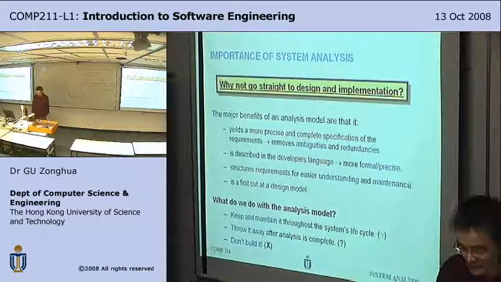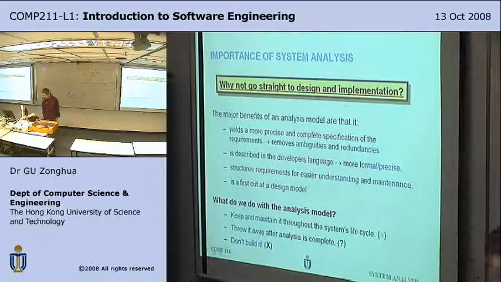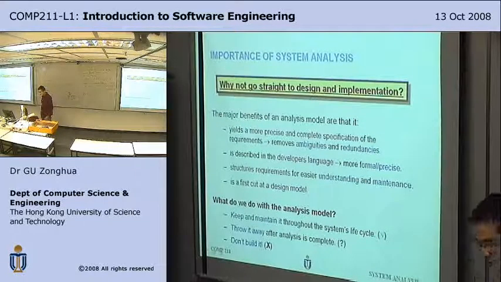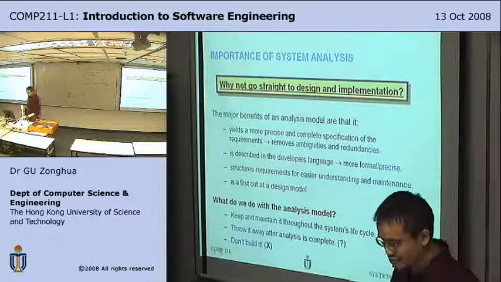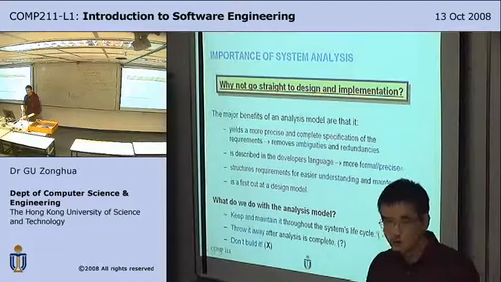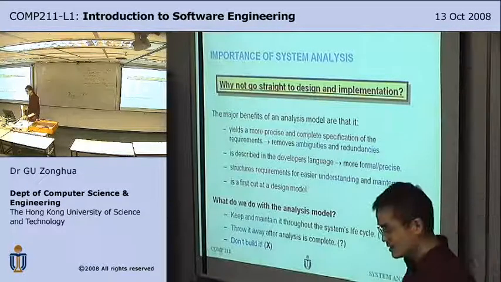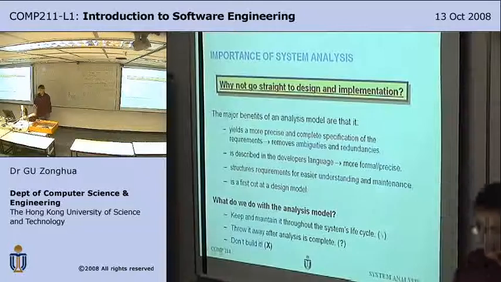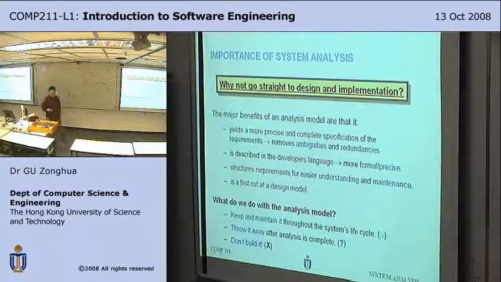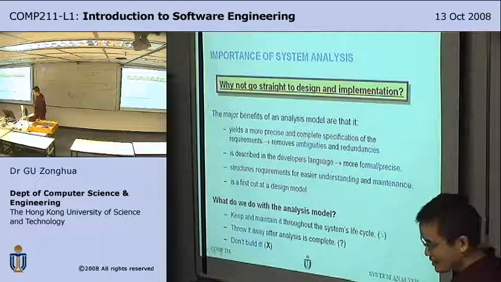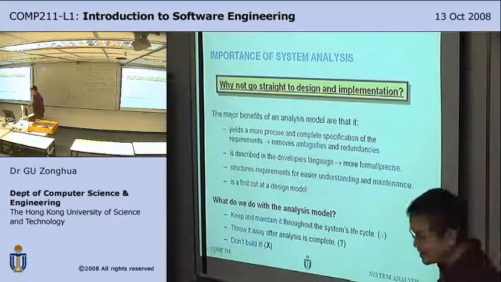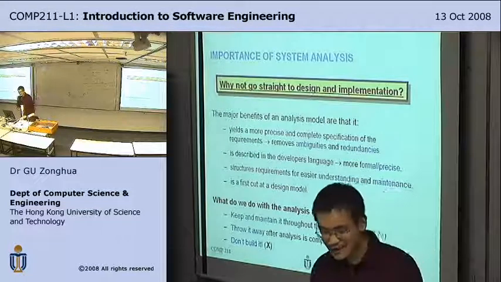The third option is don't build it. This is not recommended. If you don't build it, perhaps you should build more formalism into the use case model. That is, in your flow of events, you need to be very precise if you want to avoid the analysis model and go directly from the use case model to a design model or to implementation. But natural language has its limitations.